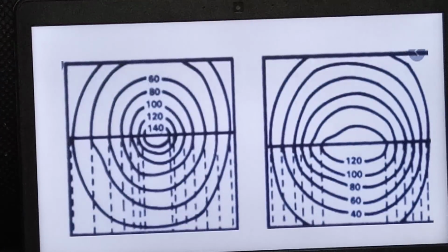This kind of contour represents a conical hill in the first case and a plateau or a highland with a slightly flat summit in the other. So the point to be noted here is that the numbers are decreasing from the center towards the outer lines.